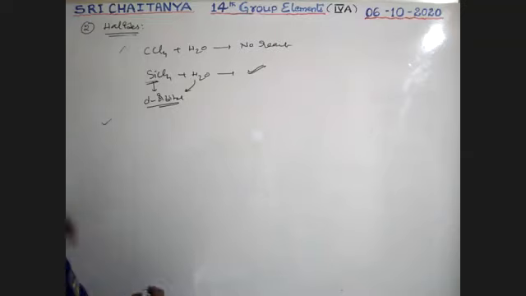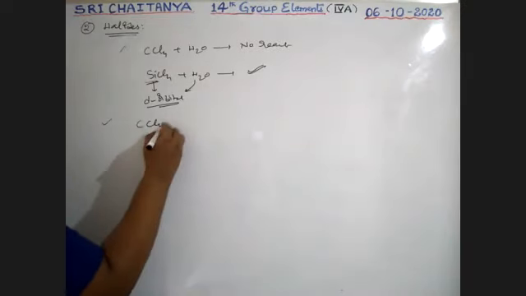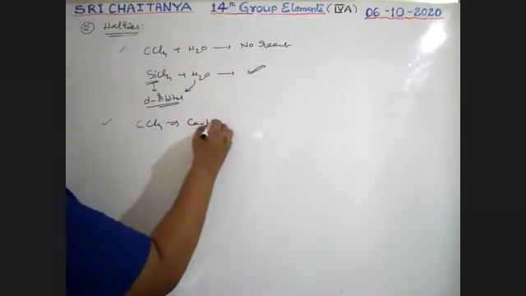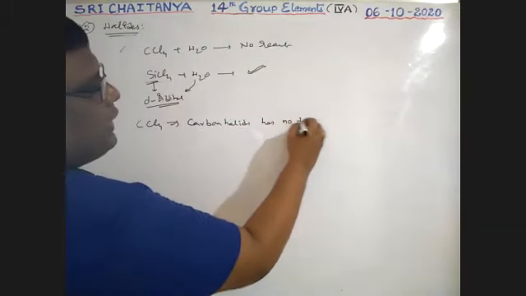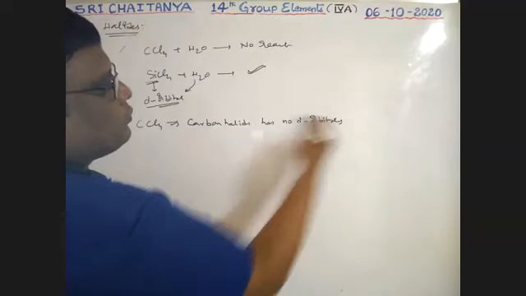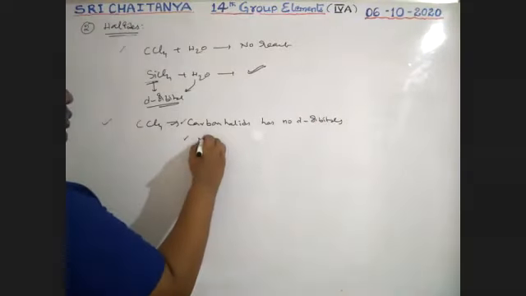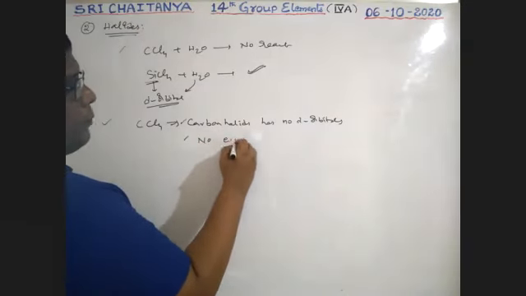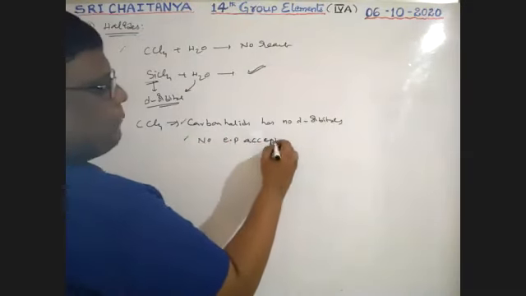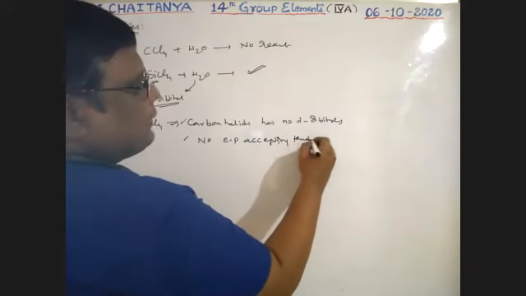Next one. Carbon halides, such as CCl4, have no d orbitals. Therefore, no electron pair accepting tendency.